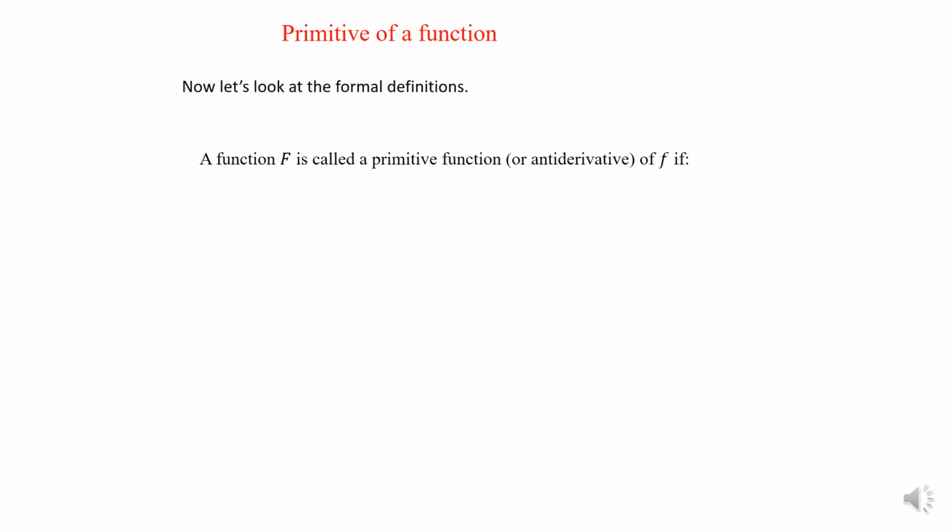Now let's look at the formal definition. A function capital F is called a primitive function of f if F prime of x is equal to f of x, like the examples we have seen.